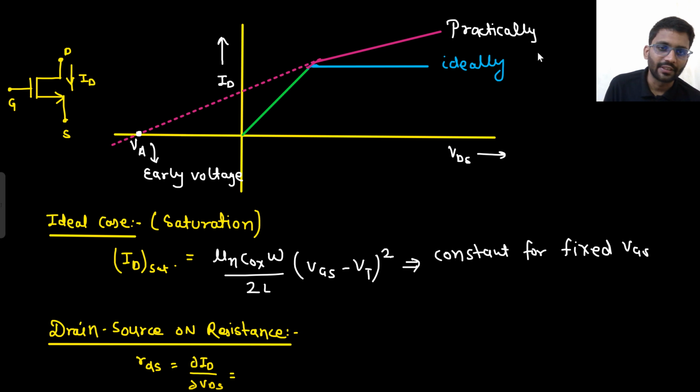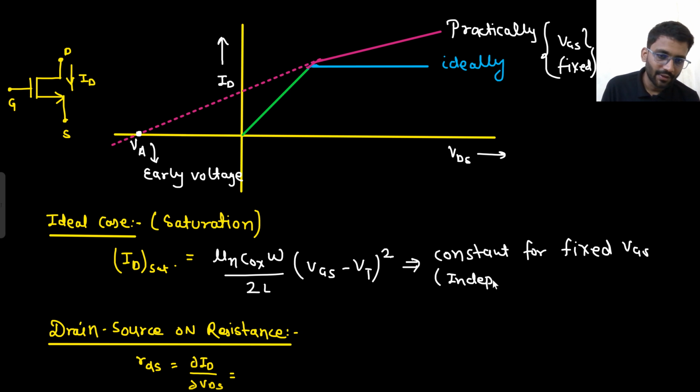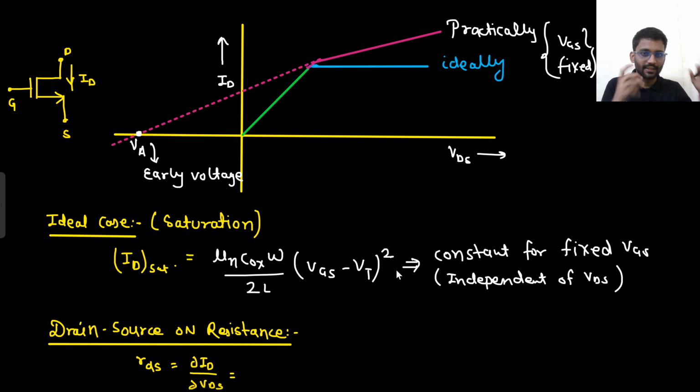Here also VGS is fixed for both of the cases. It is independent of VDS. That means even if you increase VDS, my current will be constant. This is the ideal case.